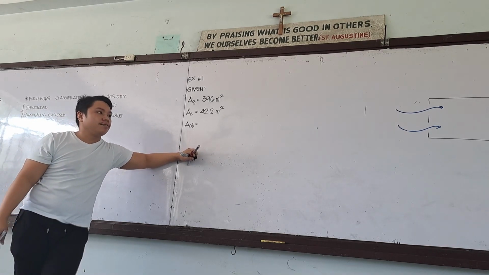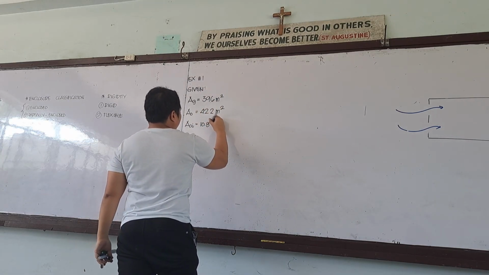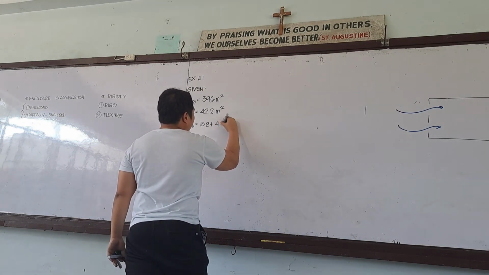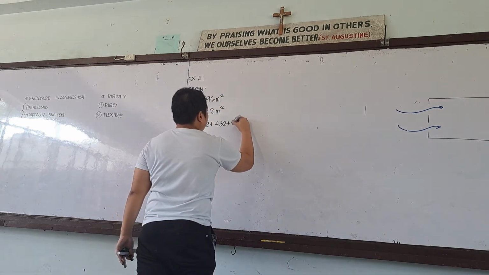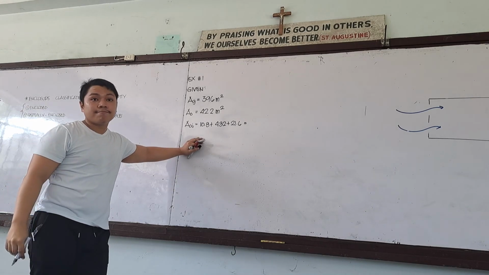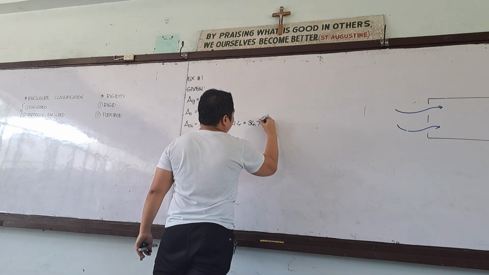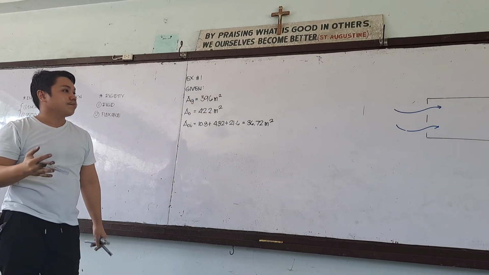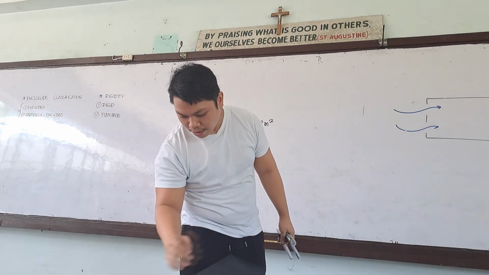That would be the front wall 10.8, plus the rear wall opening 4.32, then the left side wall 21.6. So our AOI is 36.72 square meters. Okay, clear?